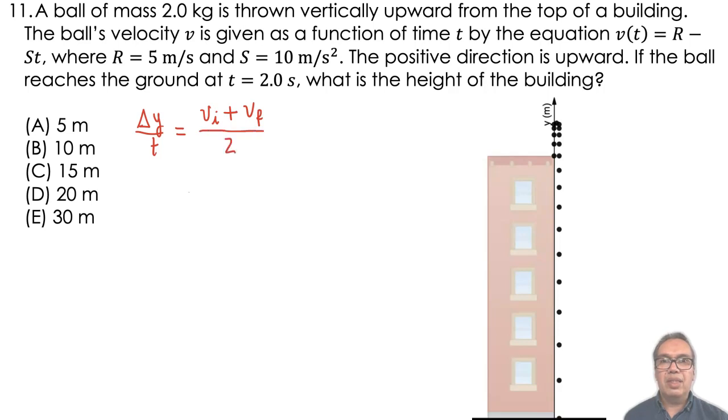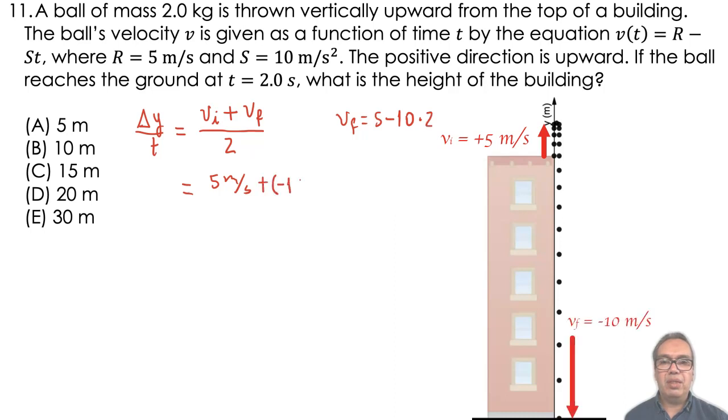Now, set the initial velocity to 5 meters per second, because that is the velocity at time 0. The final velocity will have to be evaluated as 5 minus 10 times 2, which is negative 15 meters per second, which makes perfect sense because the object is falling.